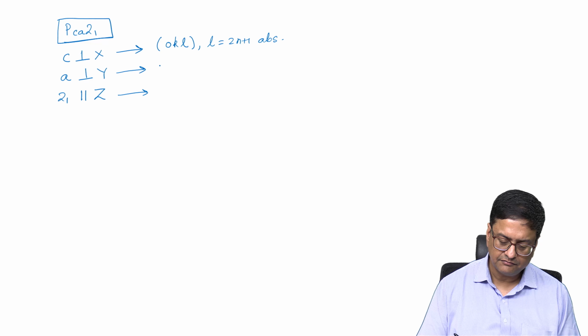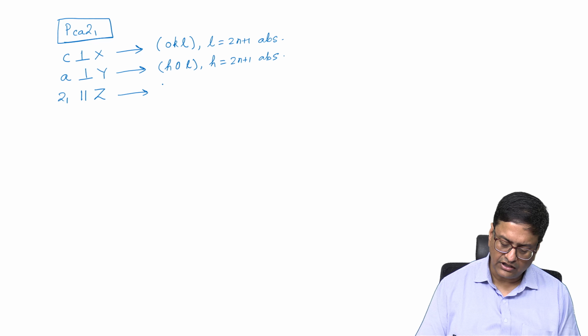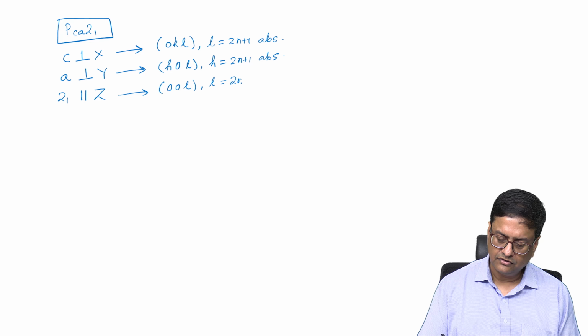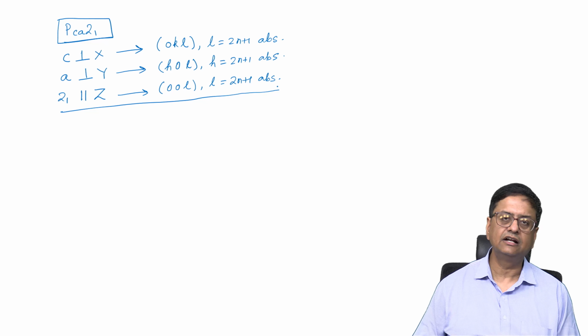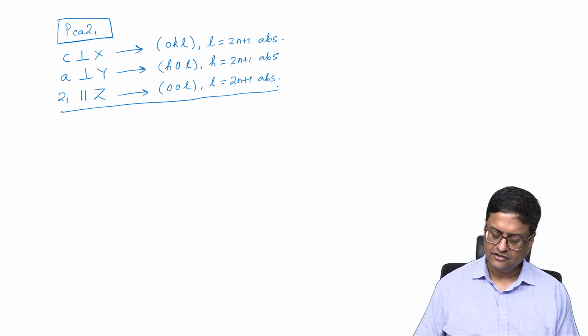For the a glide perpendicular to y, it is the h0l set of reflections with h equal to 2n plus 1 that will be absent, and for the 2-1 screw parallel to z, the 00l set of reflections with l equal to 2n plus 1 will be absent. So, I leave it to you to derive these expressions.